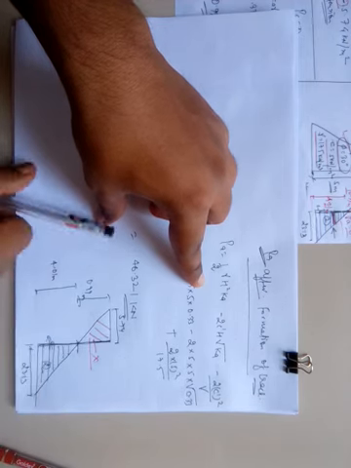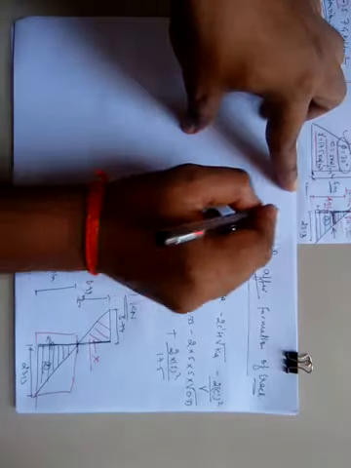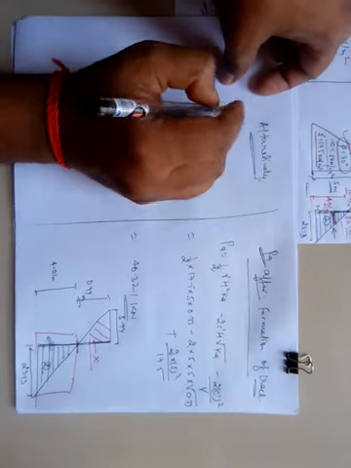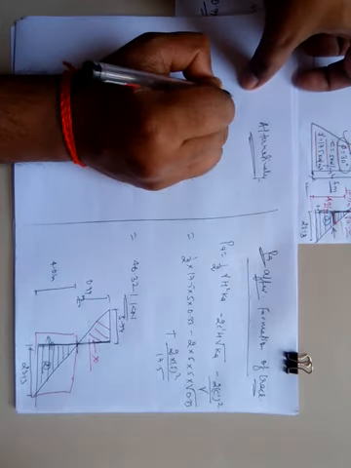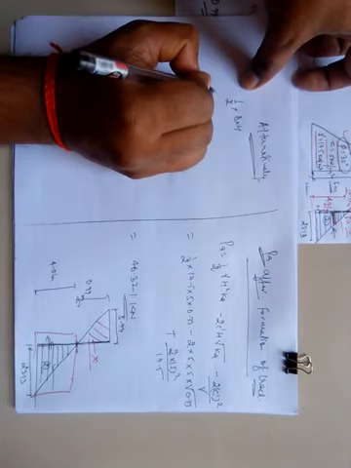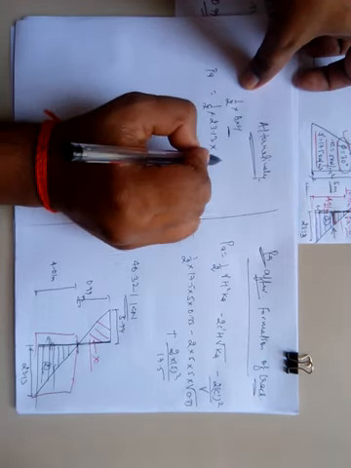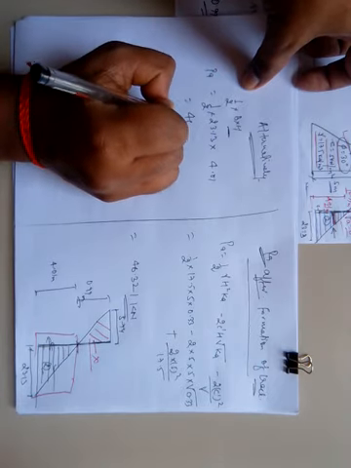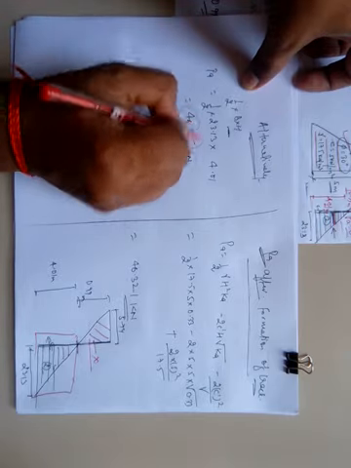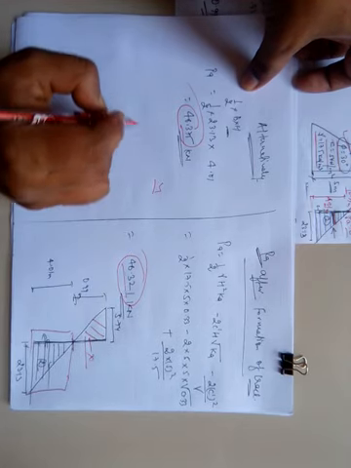So calculate the area of this triangle: half into base 23.13 into height 4.01, it is 46.375 kilonewton, and here we got 46.375 kilonewton and there 46.321 kilonewton. It is quite similar.